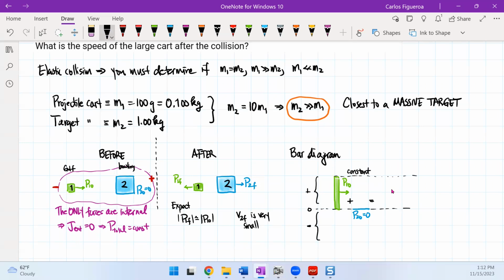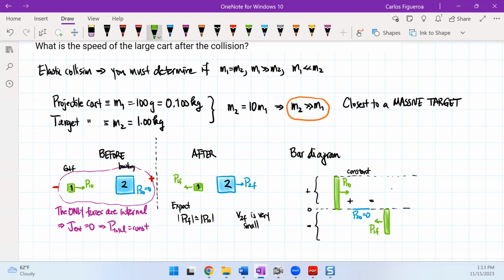So what do we expect? We expect that the golf ball loses some speed, but it keeps its speed relatively the same. So as the bowling ball gets more and more massive, the speed of the golf ball gets closer and closer to the exact same value that it came in.